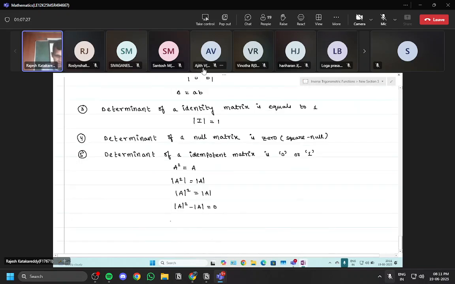Taking determinant of A common, determinant of A into determinant of A minus 1 is 0. That means either determinant of A is 0 or determinant of A is equals to 1.